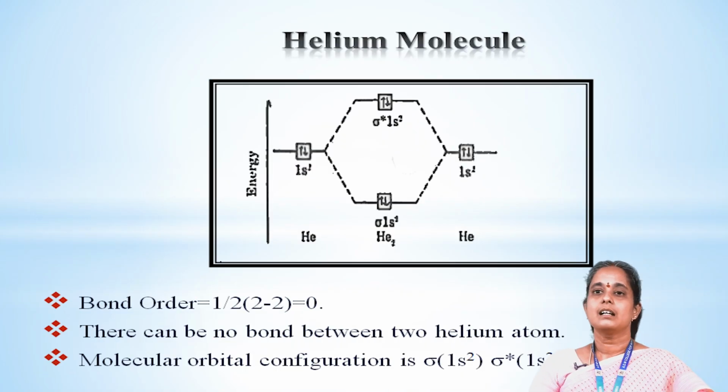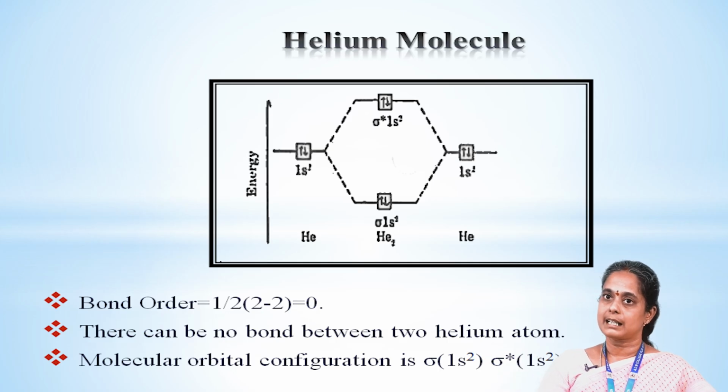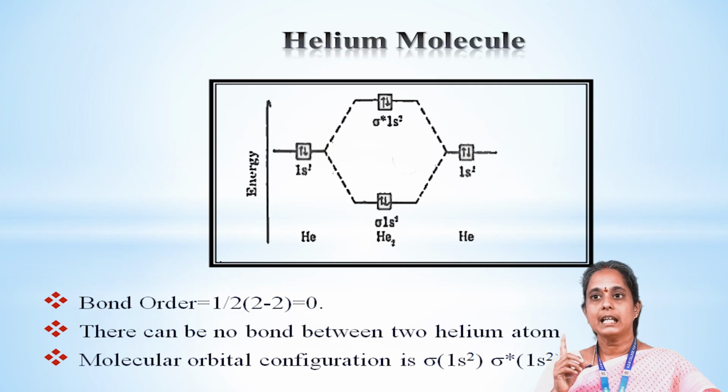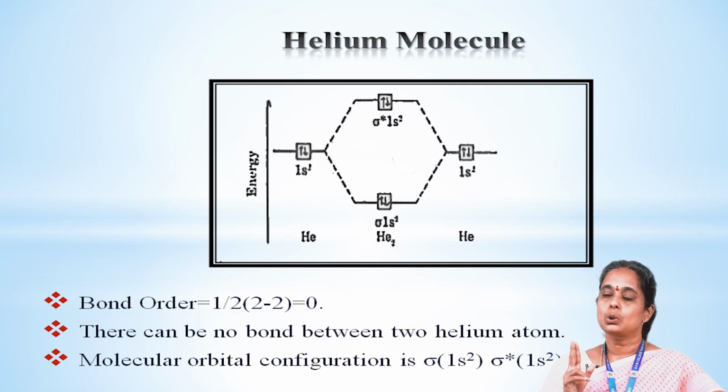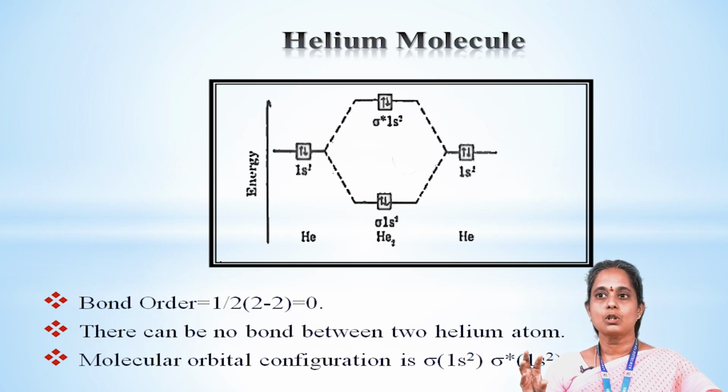Next we see the helium molecule. Let us consider the combination of two helium atoms to form a helium molecule. Each helium atom has two 1s electrons. Thus, there are 4 electrons to be accommodated.